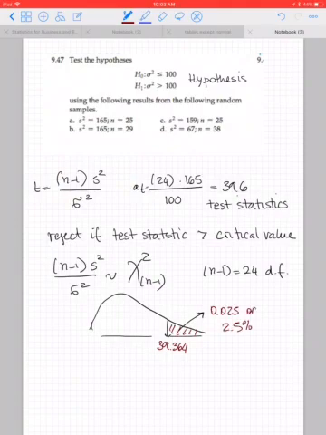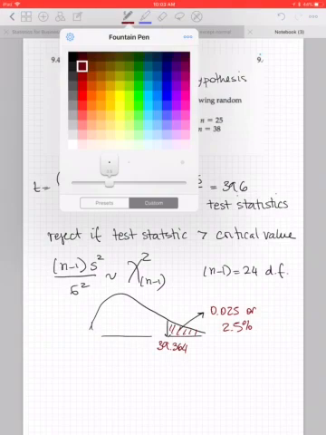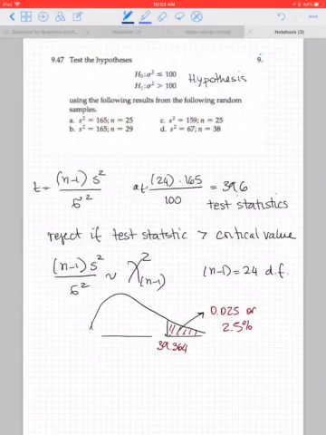So where is my test? My test is 39.6. 39.6 is here.